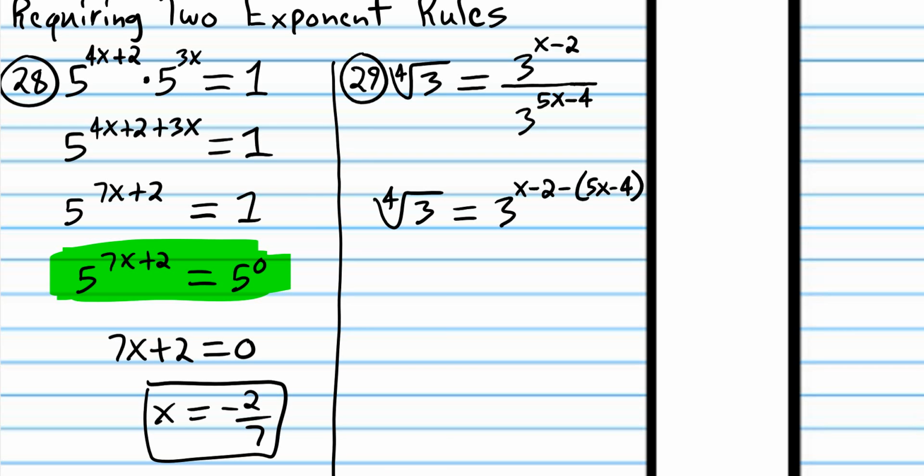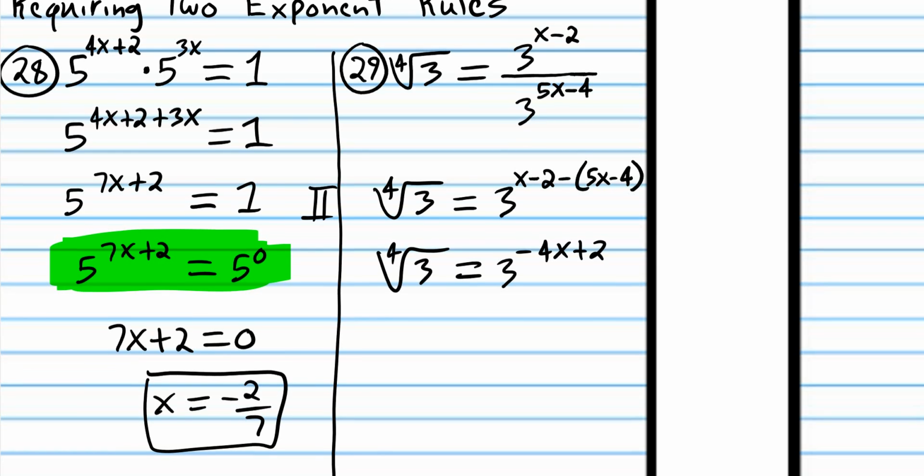All right, so that was rule number 2. So now, just doing step by step here, I'm going to simplify. We have x minus 5x is negative 4x, and negative 2 plus 4 is positive 2.